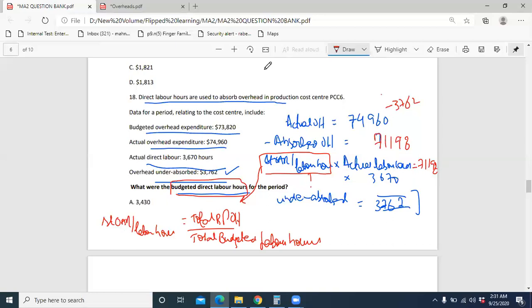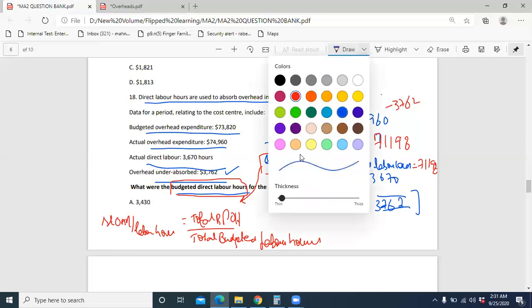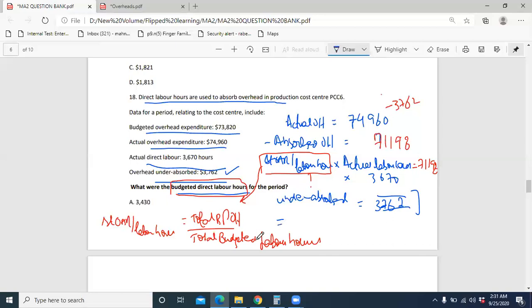So once I have my standard OAR, I can then calculate my budgeted labor hours. Budgeted production overhead is given in the question, which is 73820, and I need to calculate that, but for that I need to have this value. If two figures are given, then I can calculate the third figure.